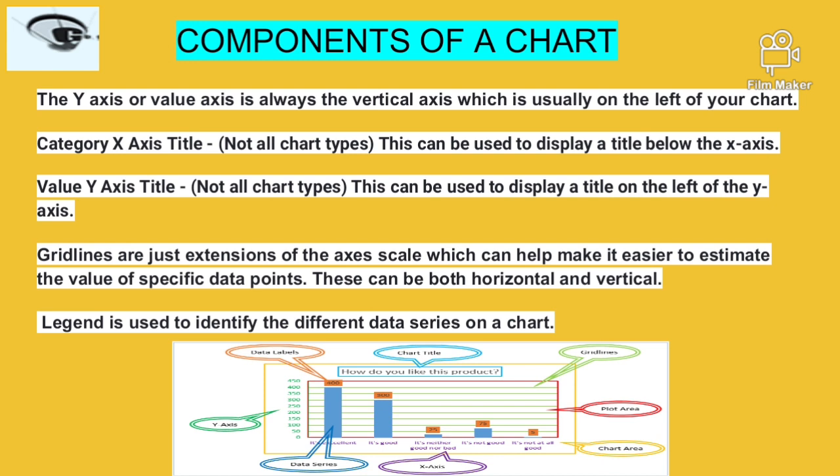For example, someone has attained marks 40, but on the y-axis the values are 20, 30, 50 and so on. There is no value that 40 should represent. So the grid lines will be marked in such a way that they represent the middle values. Next is the legend. Legends are the colored or pattern descriptions that represent what each data series is showing. So this is all about the different components of charts.